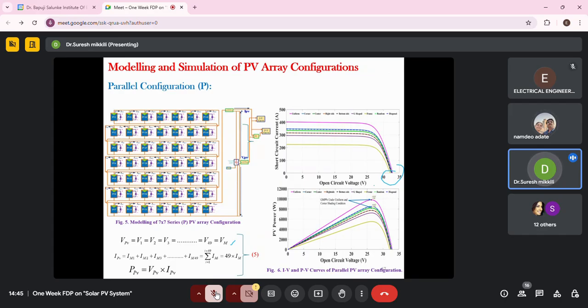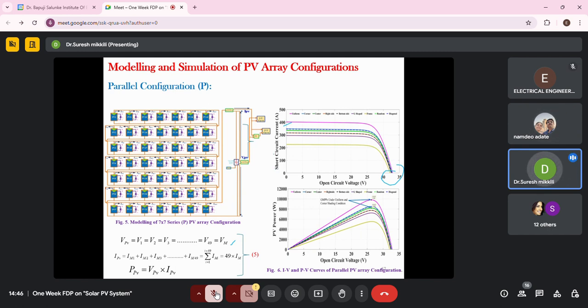Current should be equal to 49 into IM. 8.21 into 49 is approximately 400.